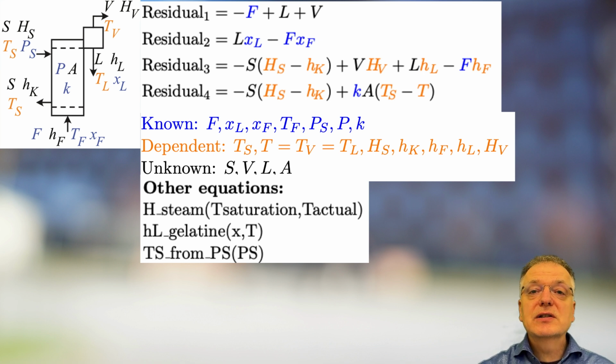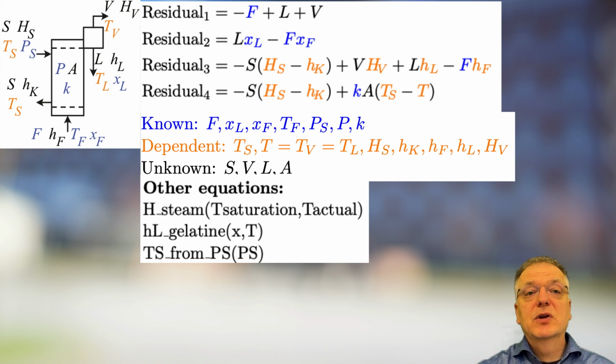For sake of consistency for liquid enthalpies, we will use the routine HL gelatin to calculate enthalpies for pure liquid water as well. The HSteam routine needs temperatures as input, and we currently have the information on the steam given in pressure units, so we need to translate that into temperature units within our code.